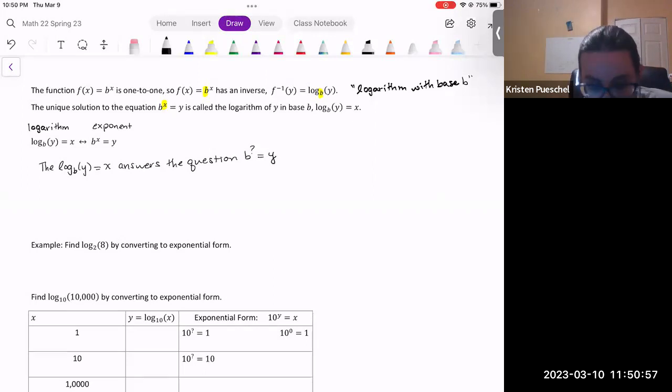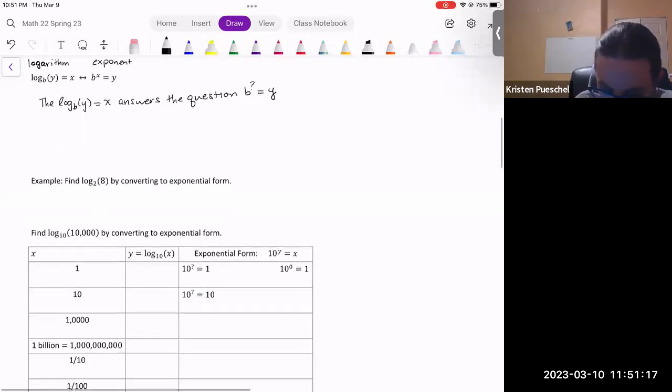All right. And one common strategy for figuring out values of logarithms is, when we have a logarithm question, to just convert it over to exponential form. So for example, here we have the log base 2 of 8. We can rewrite this in exponential form by saying 2 to the what gives me 8?